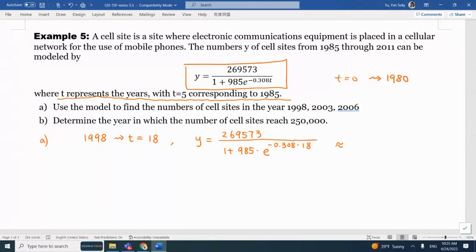Yeah, so that is the negative sign. 0.308 times 18. Close parentheses. Close parentheses here means this is the exponent of the e. And then another parentheses means your denominator including up to here. So you get two parentheses. Okay, so make sure you know how to type those numbers.